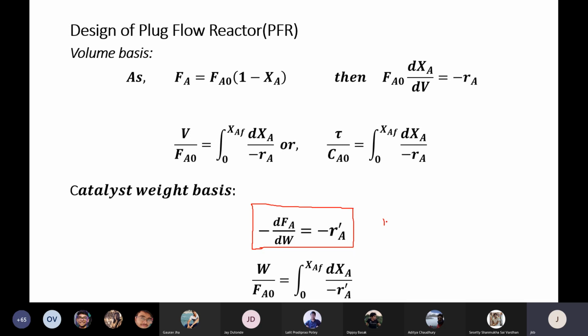This is equation 1, differential form, and this is equation 2, integral form. If integration is possible, we can go through it, otherwise we use the differential form, and the solution is possible by using the Runge-Kutta method.